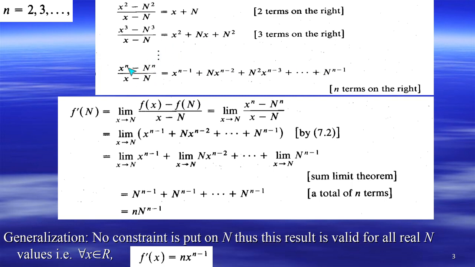So the general formula goes like this. x to the power small n, minus big N to the power small n, over x minus big N is equal to x to the power small n minus 1, plus N times x to the power small n minus 2, plus N squared times x to the power n minus 3, etc. It goes on like this, and at the end you end up with big N to the power small n minus 1, and we obtain small n terms on the right hand side.